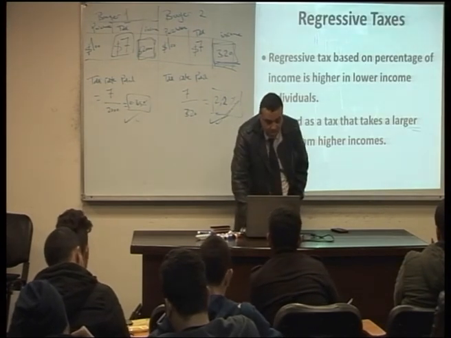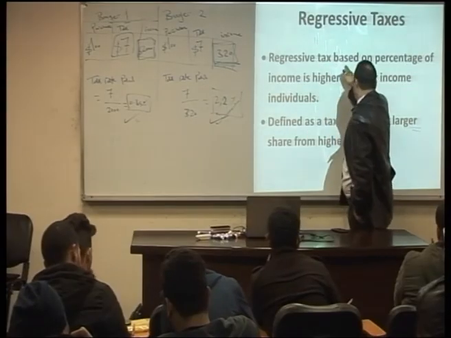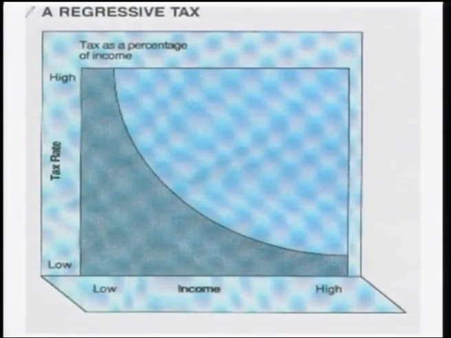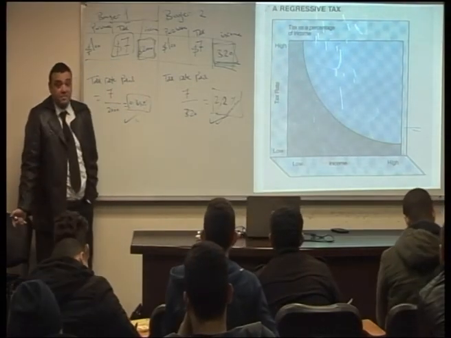Let's go to the narrative here. The regressive tax based on the percentage of income is higher in lower income individuals. You see this? The regressive tax based on the percentage of income is higher in the lower income individuals. Of course this is its definition. And here's the graph that shows the relationship. Yes, negative, regressive.